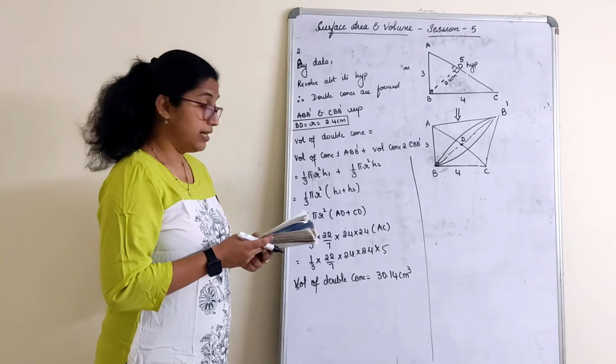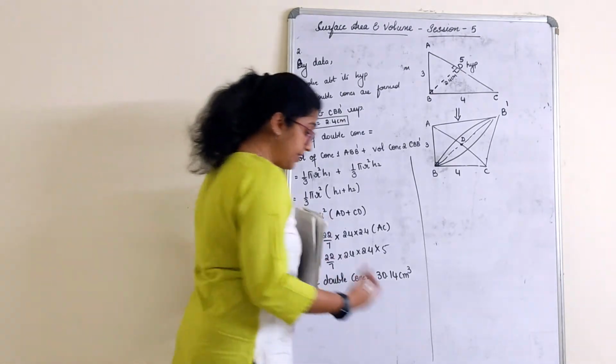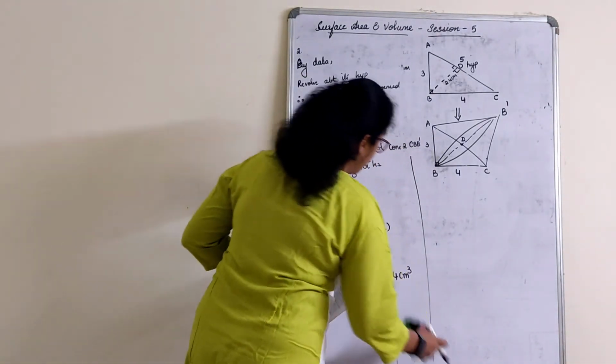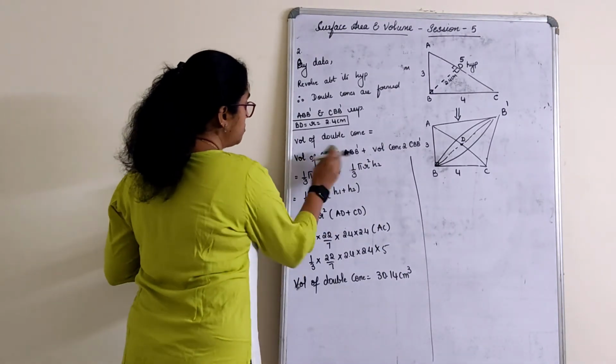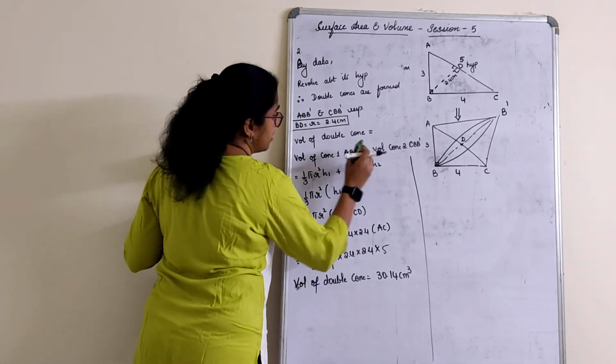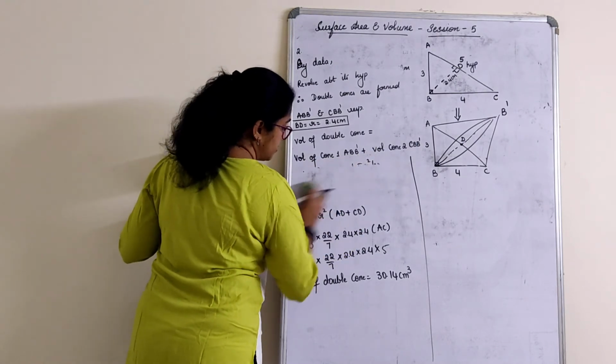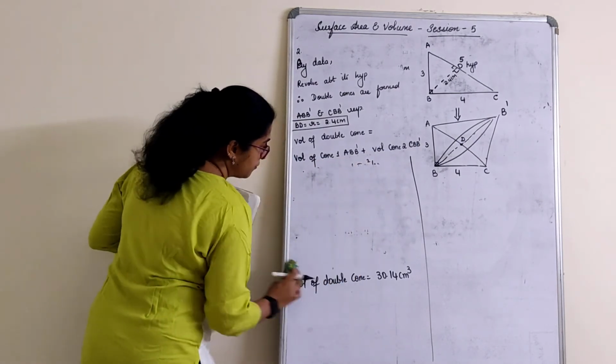Okay. Next part, what do we have to find? Surface area. Surface area of both the cones we have to find out. Shall I erase only this part now? Okay. I don't erase this part and just change that to surface area.